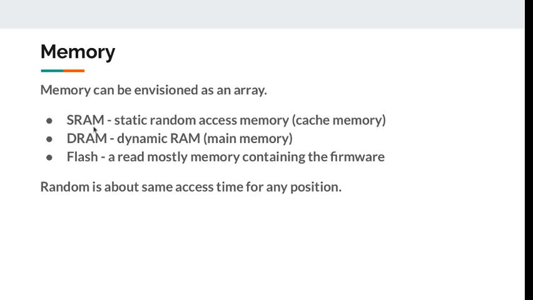A little different from the SRAM is the dynamic RAM. The dynamic name here in the RAM is more about the refresh rates that we have to have on this type of memory because of the technology that we have. It is a slower memory than SRAM, but it's bigger, so you can store your operating system here.